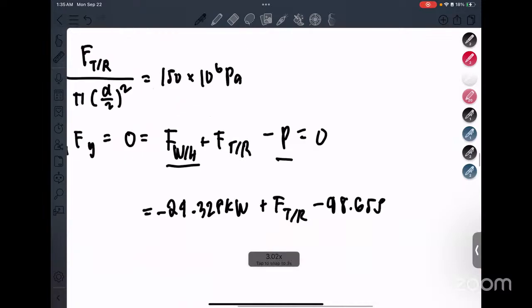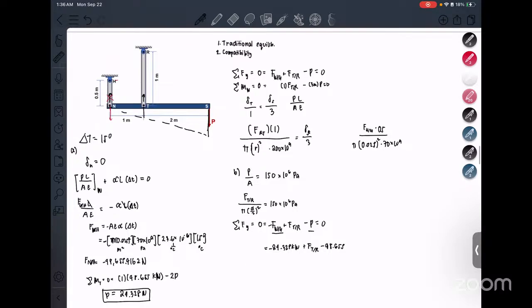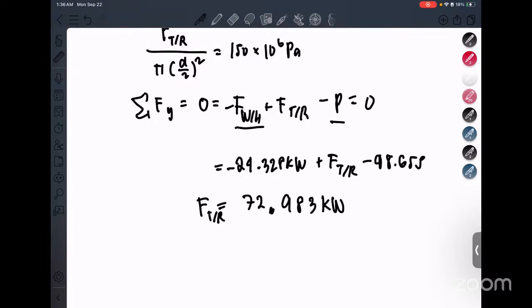So, nabaliktad ko lang siya. Pero that's essentially the two. Again, this is negative na pala, di ba? From what we realized, pababa pala siya. So, moving that all to the left-hand side, magiging FE with respect to R, 72.983 kilonewtons. So that's FTR.